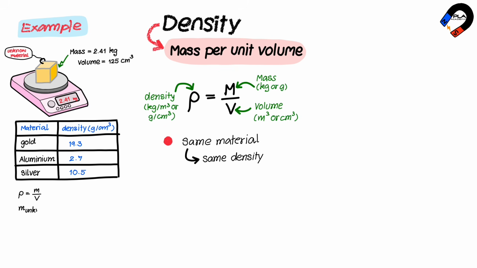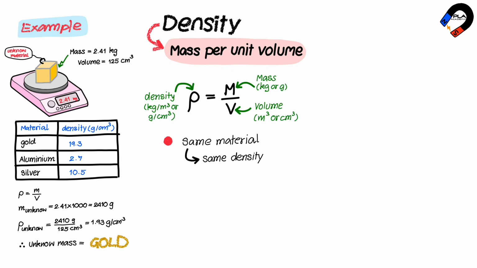We must change 2.41 kilograms to grams, as 2.41 times 1000 is equal to 2410 grams. So, the density of the unknown material equals 2410 grams divided by 125 cubic centimeters, equals 19.3 grams per cubic centimeter. Therefore, our unknown sample is made of gold.